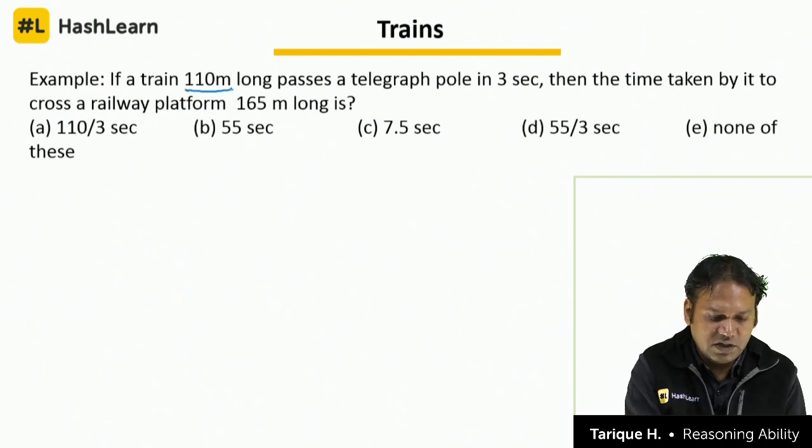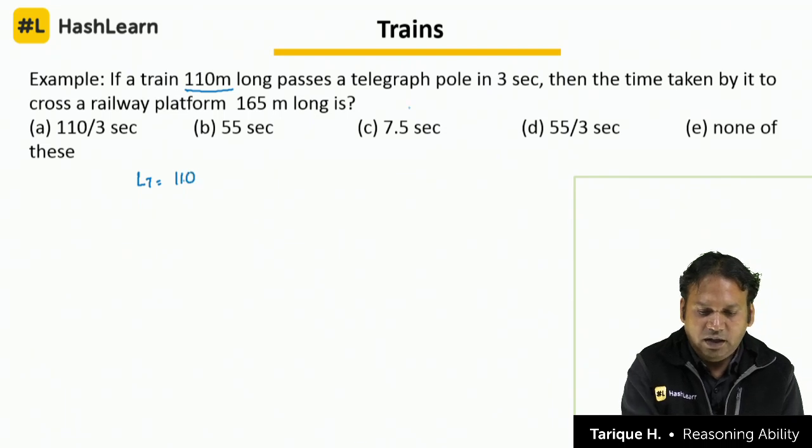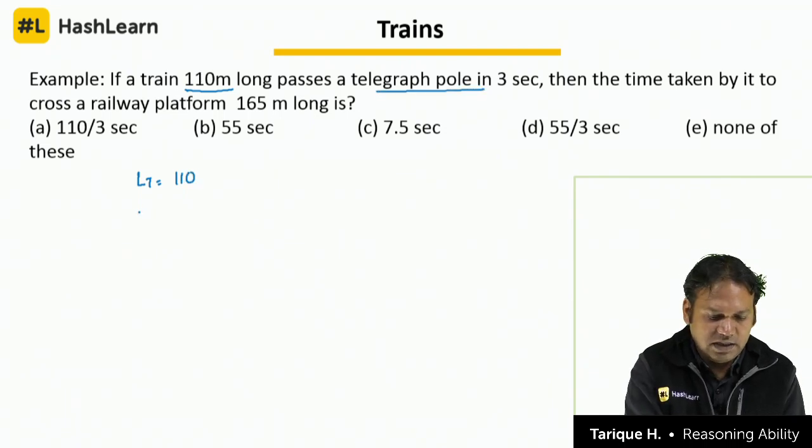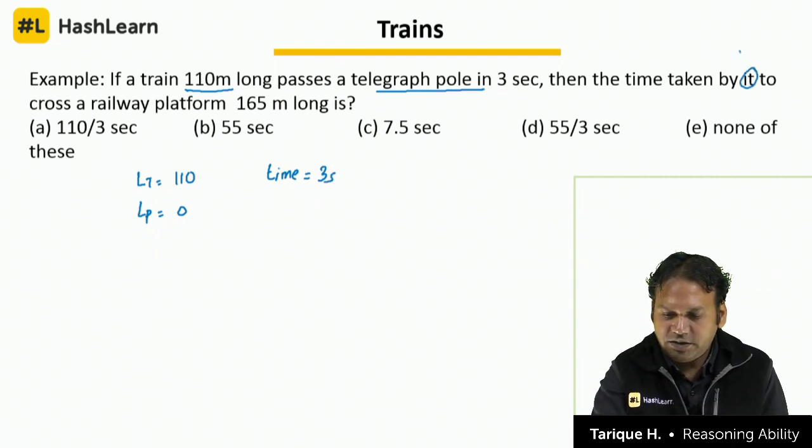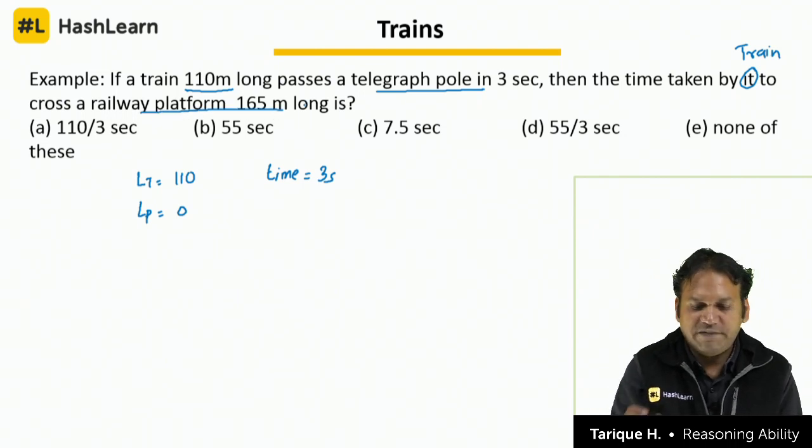If a train 110 meters long, length of train 110, crosses the pole in 3 seconds, length of pole 0, time taken to cross 3 seconds, then the time taken by the train to cross a platform 165 meters long is how much?